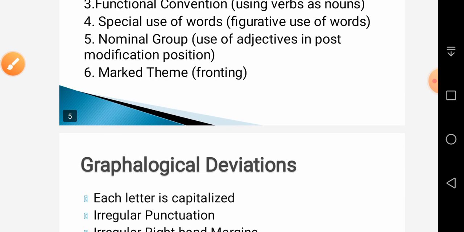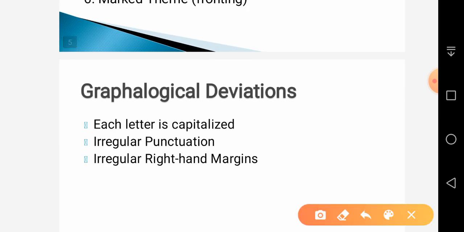Okay, now graphological deviations. Each line's first letter is capitalized, usually in poetry, like Emily Dickinson or, rather, every poet, when he or she composes a lyric or maybe narrative poetry, every segment, every line, every phrase is capitalized, which is really an irregularity.